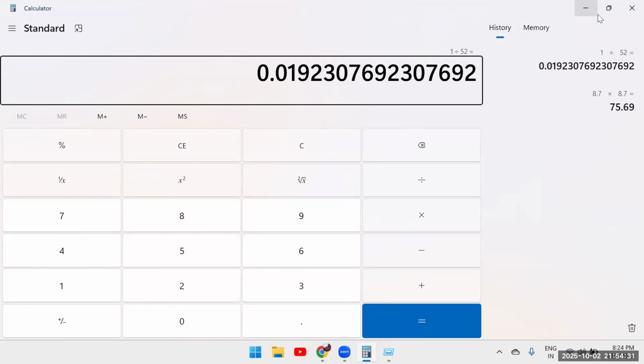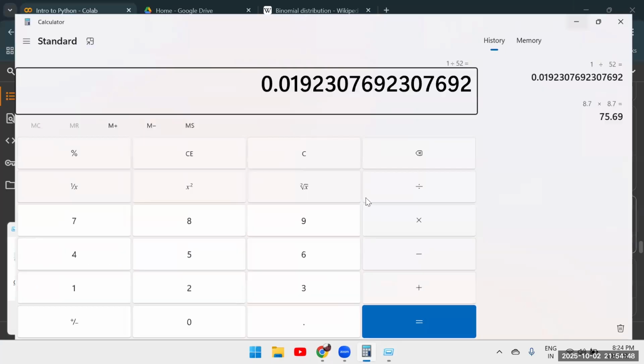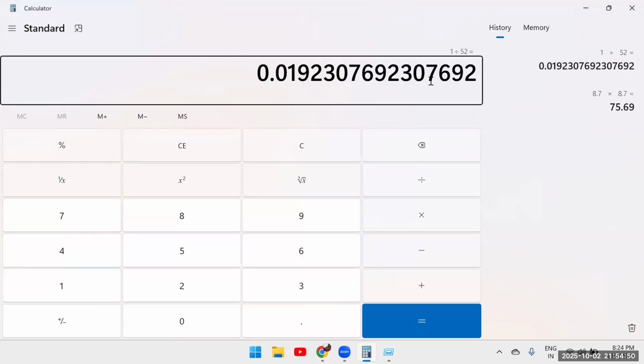So for that, let's take only one card. How many cards are there? 52. He's taking only one card, so it will be one divided by 52. No, sir, we have 4 aces, so 4 divided by 52.